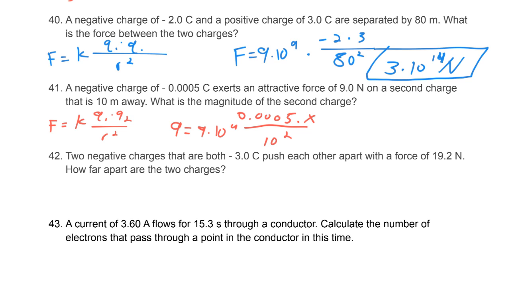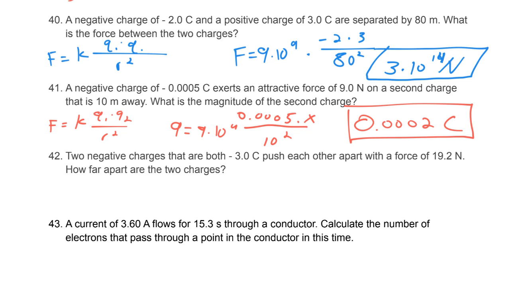And I'll get 2 times 10 to the negative 4th, which would be 0.1232 coulombs of charge. And it's an attractive force, so it should be opposite signs because opposites attract.